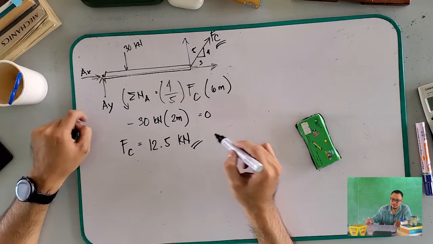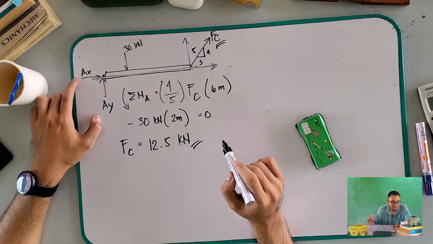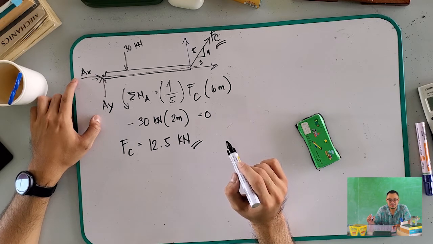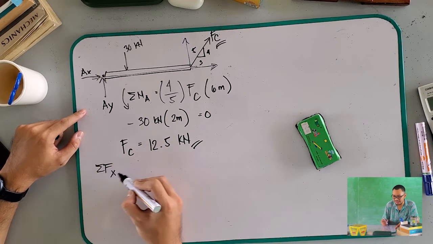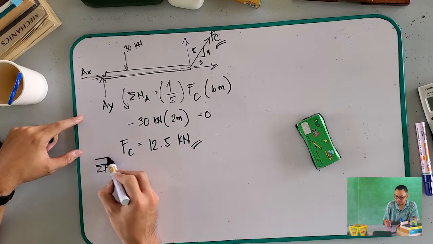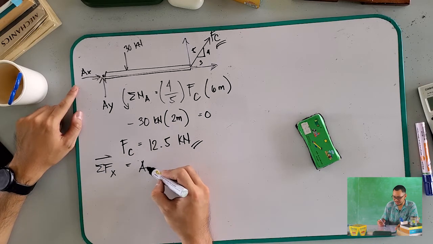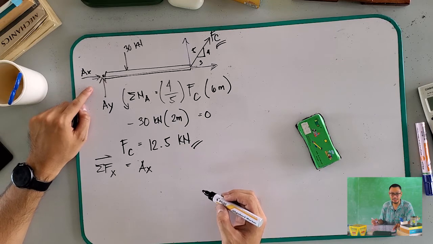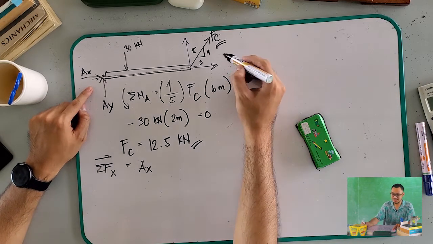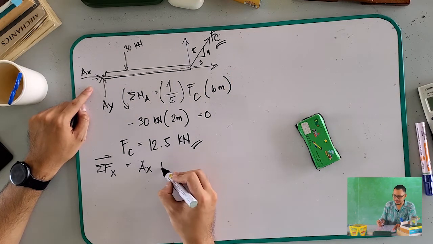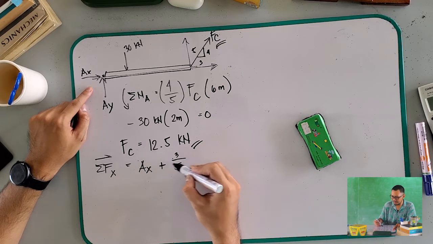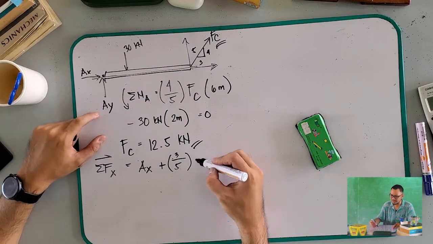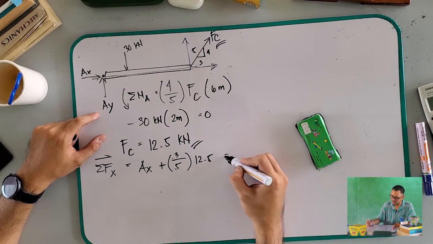Okay, so we have found it. We're not done yet because we still have to find the others. We use summation of forces. Summation of forces along x, assuming positive is going that way, equals AX plus 3/5 of FC, which is 12.5, equals 0.